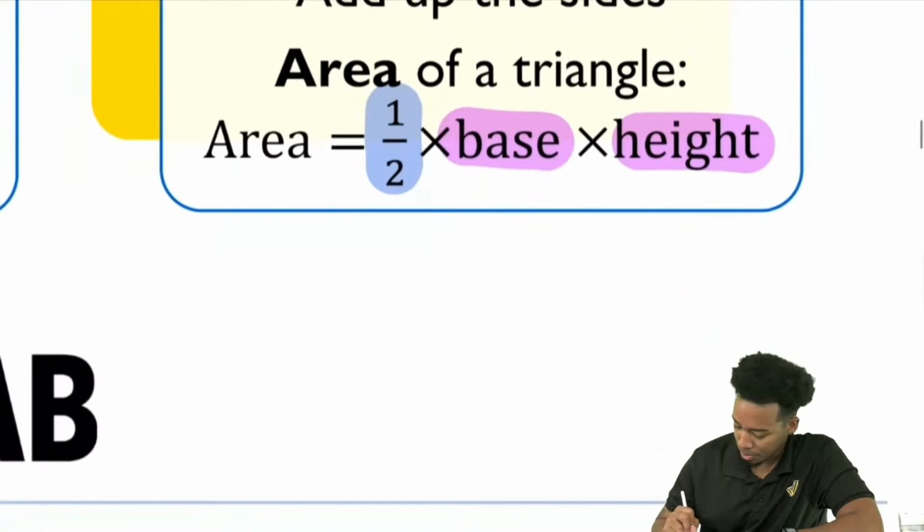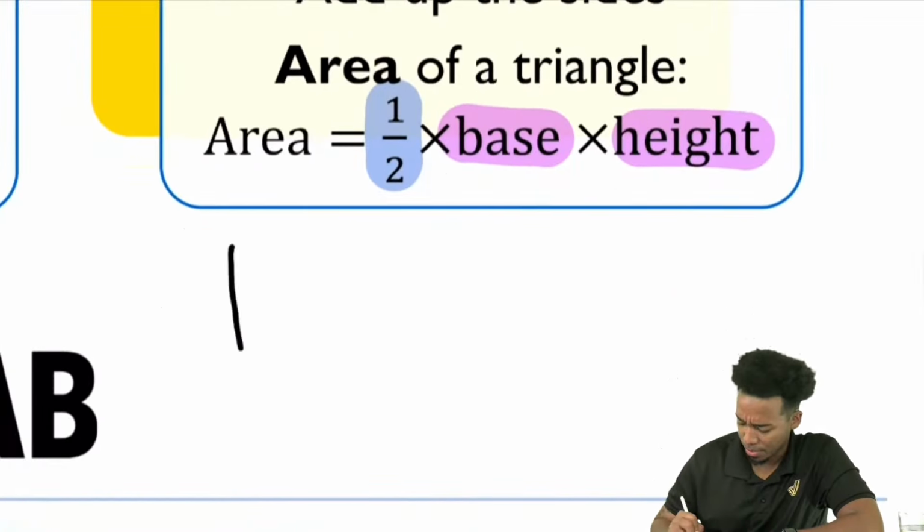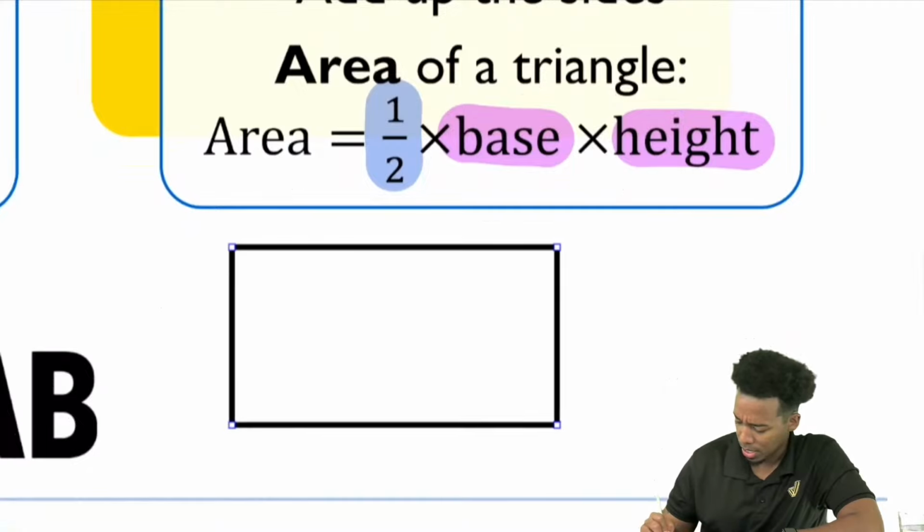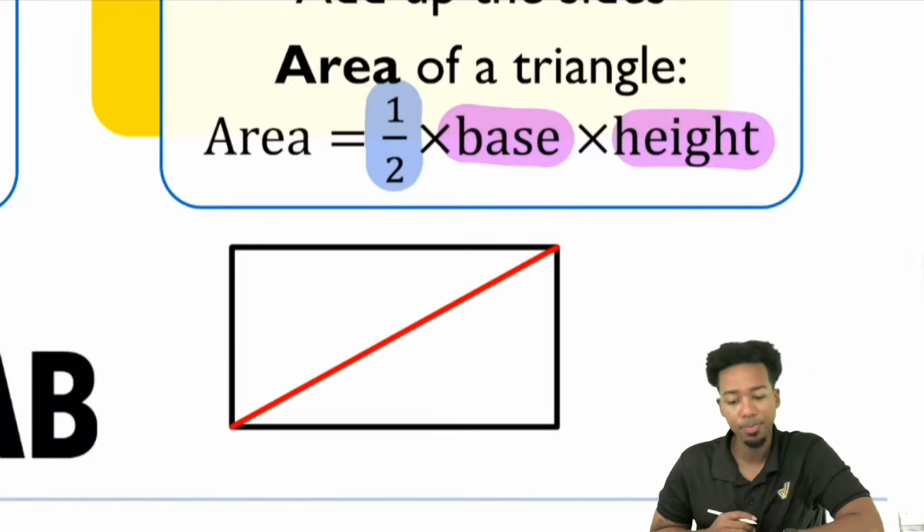I got you. For example, everybody, just take a look here. Let's show this rectangle, but actually, instead of showing a rectangle, we want to show a triangle, right? So let's cut that right there.